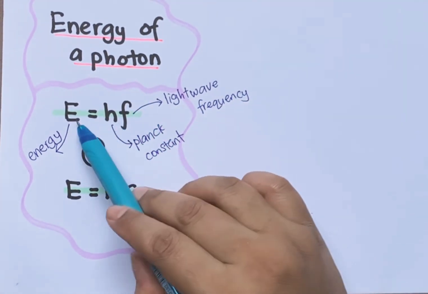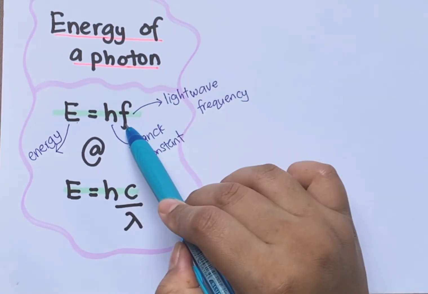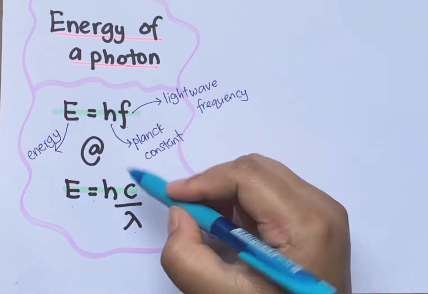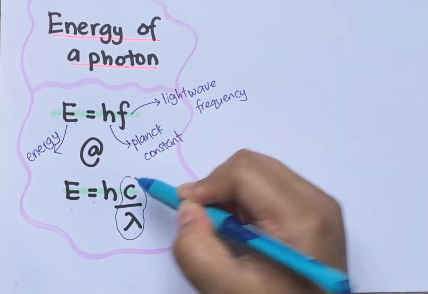From this equation, we can expand it into E is equal to HC over lambda. How do we get C over lambda here?